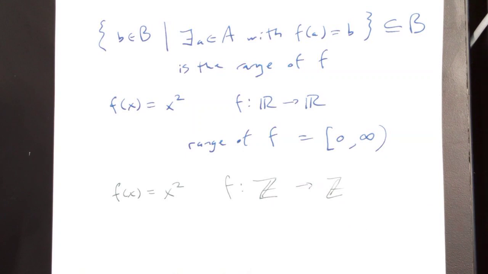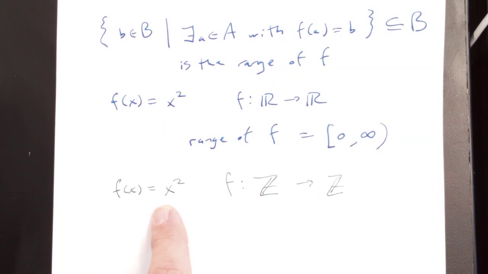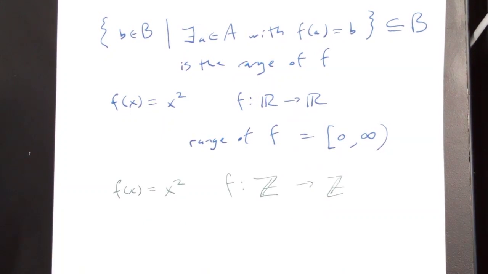So I'm only dealing with integers, and that means that this is actually a very different function. As a matter of fact, it would have a completely different graph. We think, hey, this is going to give me a parabola, right? That's true here. But here, I get individual dots that are separated from each other.